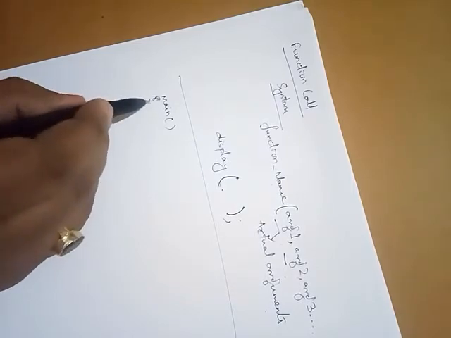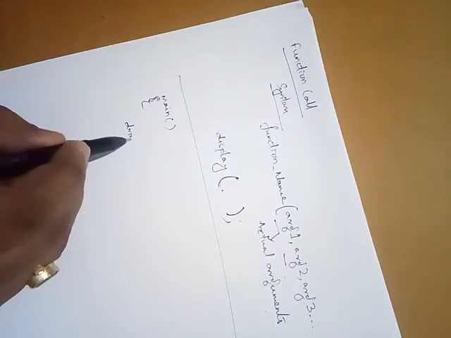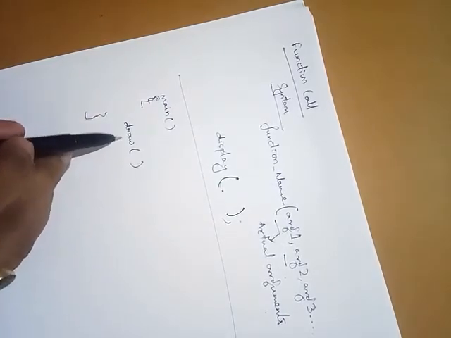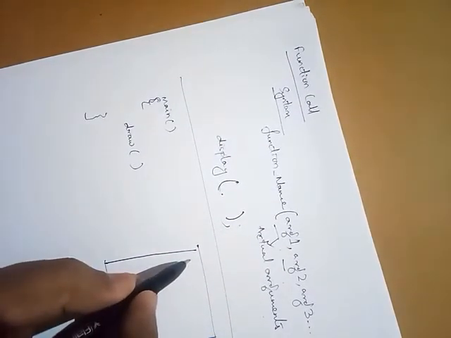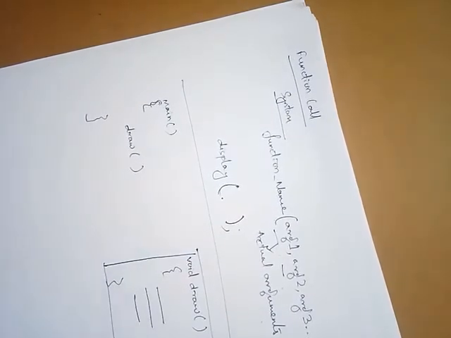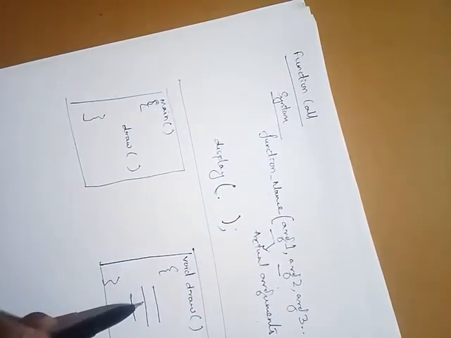Under main function I am calling another function draw, and when you call the draw function, the control will pass to the draw function. So here there is no return type, so I am writing void draw, and there are a number of statements. So this is the main function part and this is the function definition part.